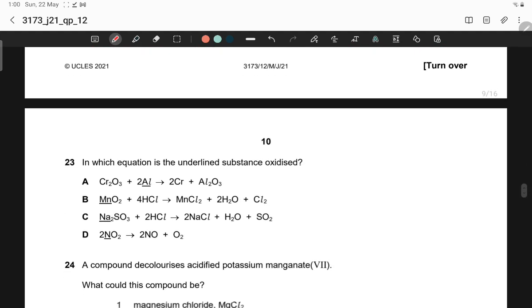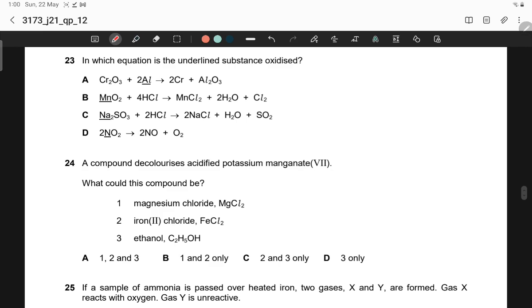B option is correct. In which equation is the underlined substance oxidized? Here it is 0, 3 plus, manganese plus 7, and Mn plus 2. We know how to calculate the oxidation state.